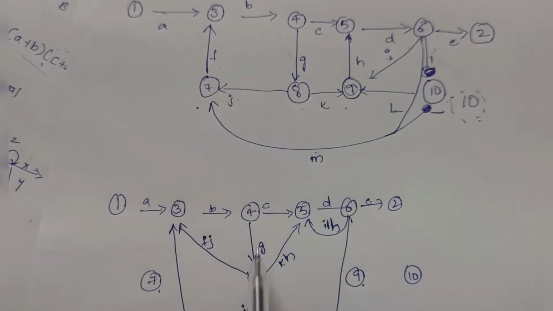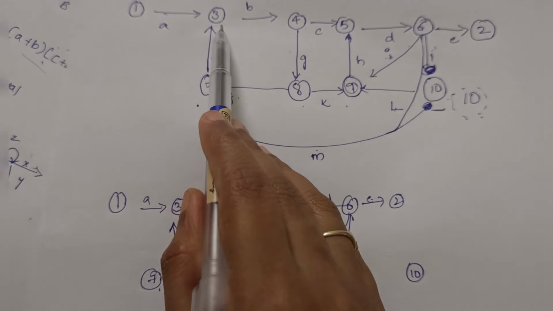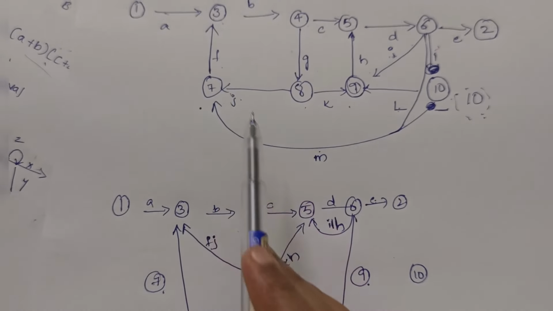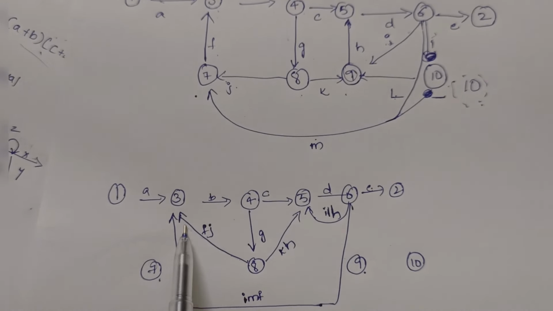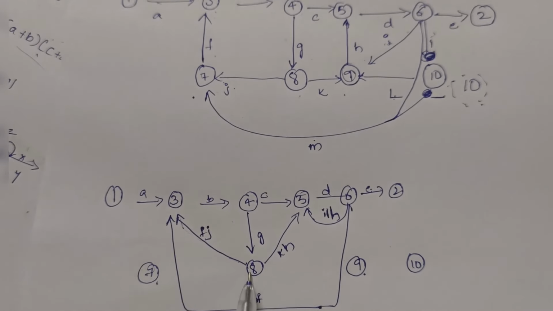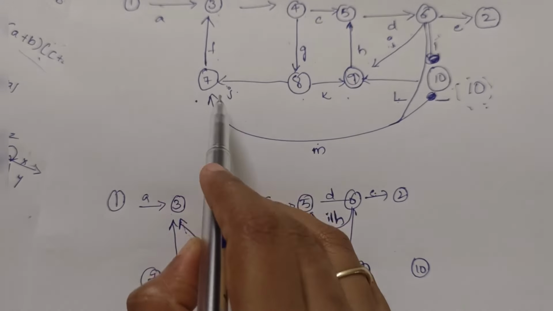Here we converted which are going to 3 F J. We are directly giving from the 8th node to 3, F and J.